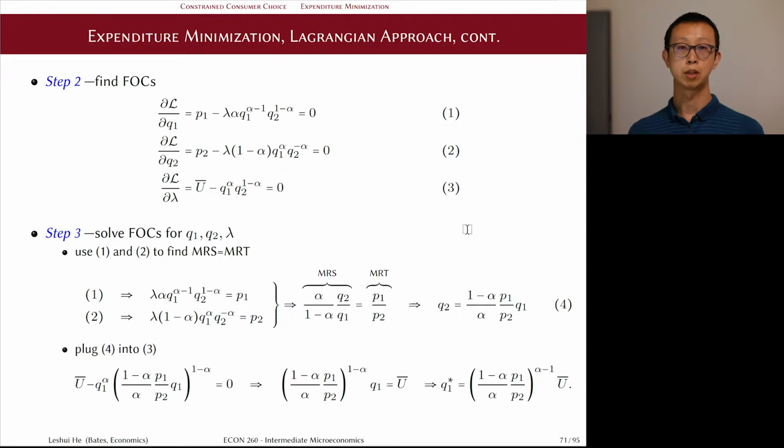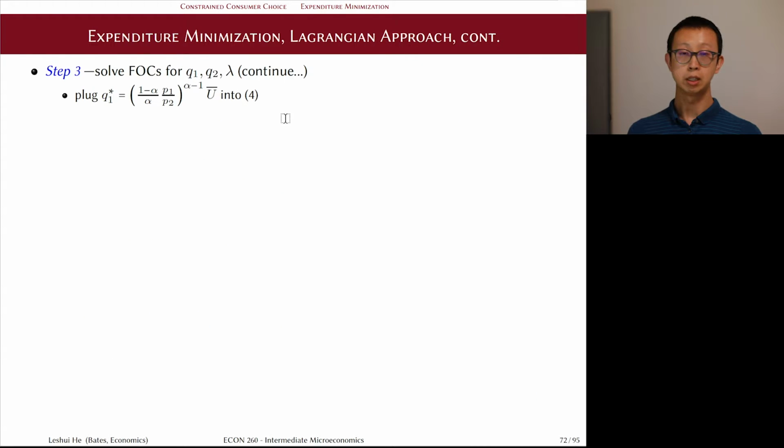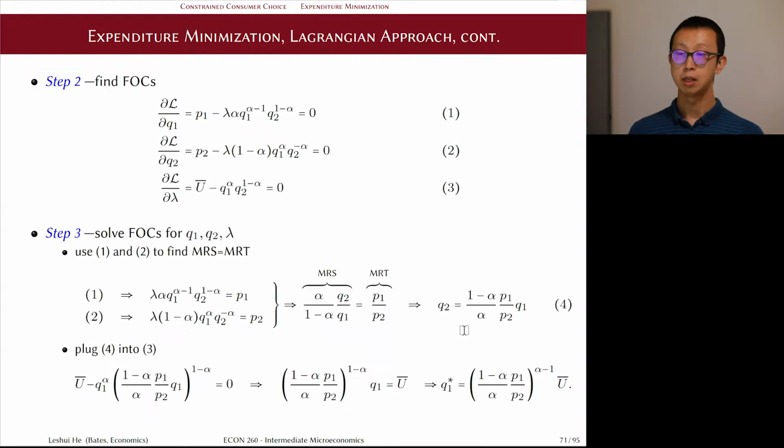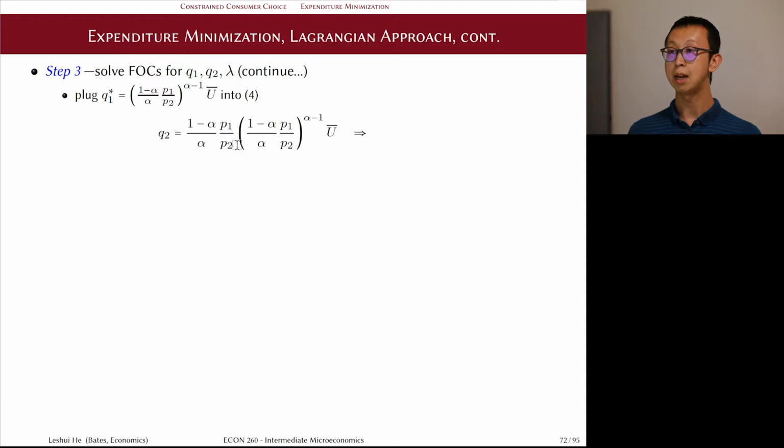Now, having solved for q1 star, we can plug it into either equation 4 or equation 3 to solve for q2. Here, I chose to plug it into equation 4. In equation 4, we already have q2 is equal to this package times q1. Once we substitute q1 star into this position, what we have is that package times this package again raised to the power of alpha minus 1 times u bar.